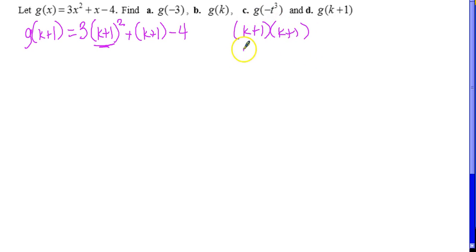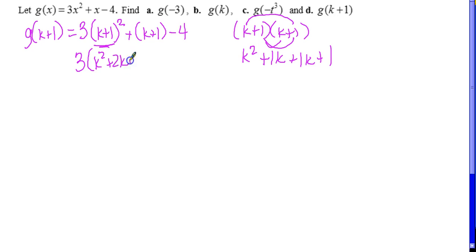K times k is k squared. 1 times k is 1k, and 1 times 1 is 1. I need you to see this as 3 times k squared plus 2k's plus 1. I need you to be able to do that in your head as soon as possible.